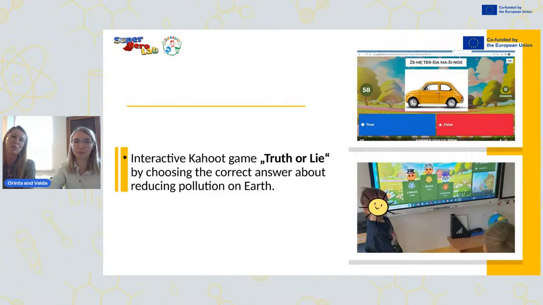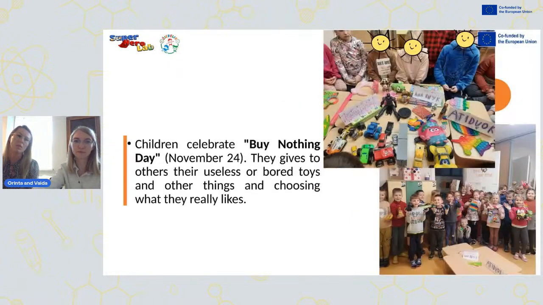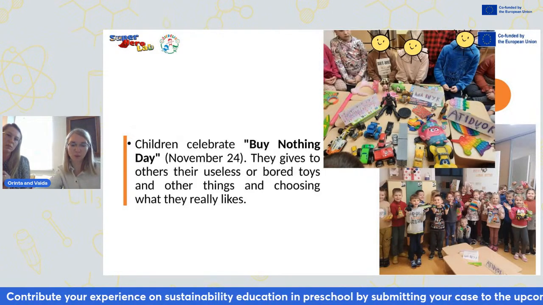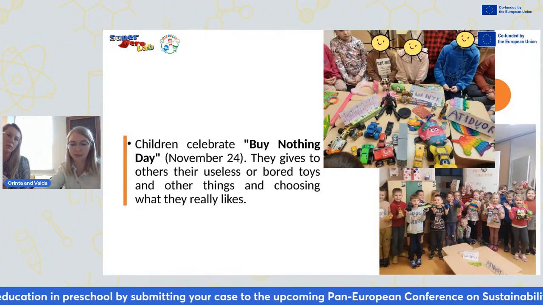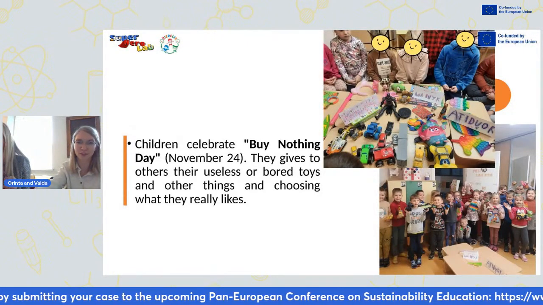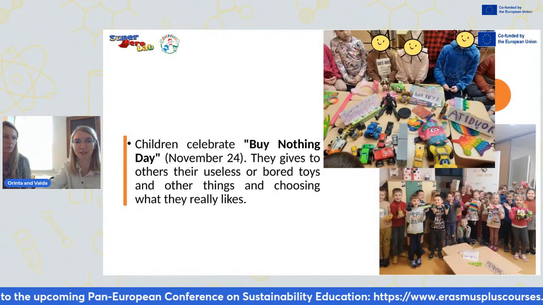We play the interactive Kahoot game Truth or Lie, choosing the correct answer about reducing pollution on Earth. And the children celebrate Buy Nothing Day. It's the 24th of November, and they give useless or borrowed toys and other things, and choose what they really like. It's a way for children to learn that useless and unnecessary things can get a new life, and children really like this day.